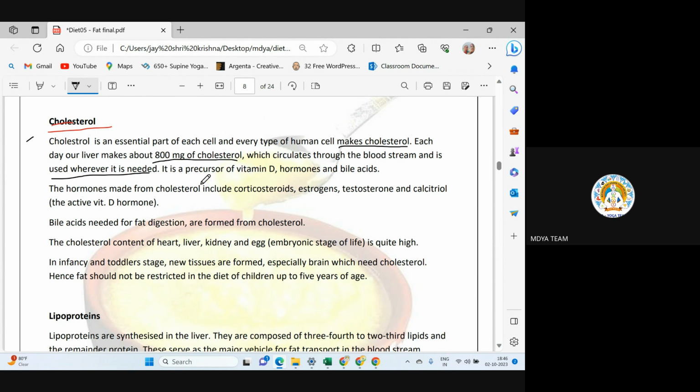Why is cholesterol needed in our body? Cholesterol is a precursor of vitamin D. What is a precursor? Precursor means raw material.